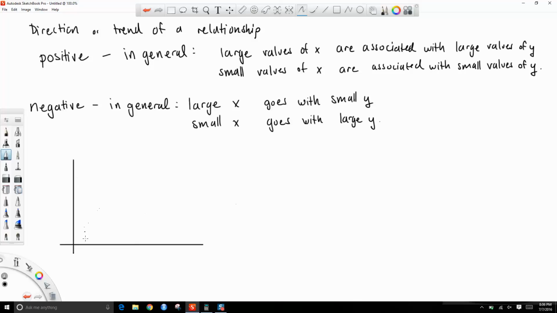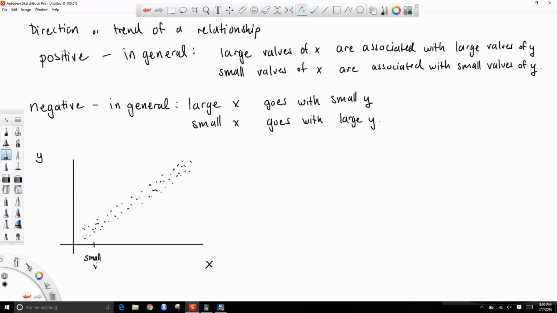if I say this is x and I say this is y, and I draw our data points like this, is this an example of positive or negative relationship? This would be a positive relationship because down here are these values large or small values of x?